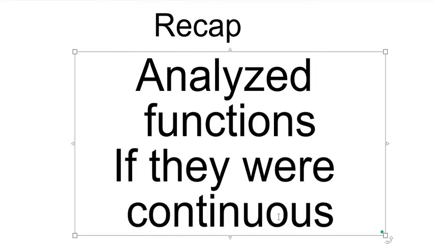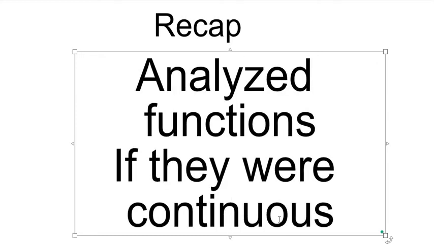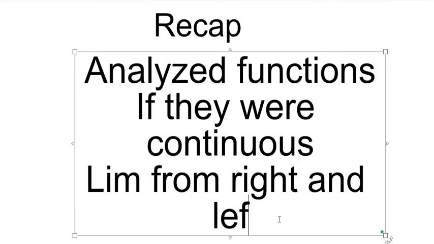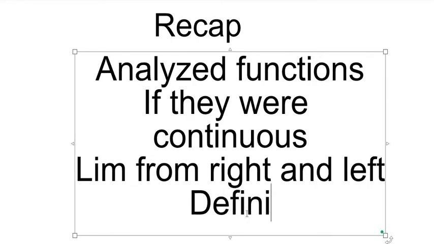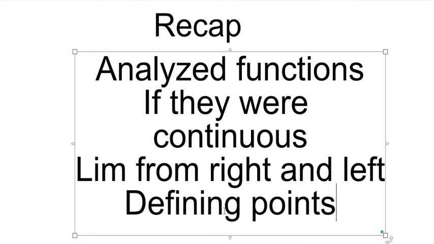We found out how to analyze limits from the right and left, and we've looked at defining points, like having a jump in discontinuity and having one point filled in, or having no points filled in.